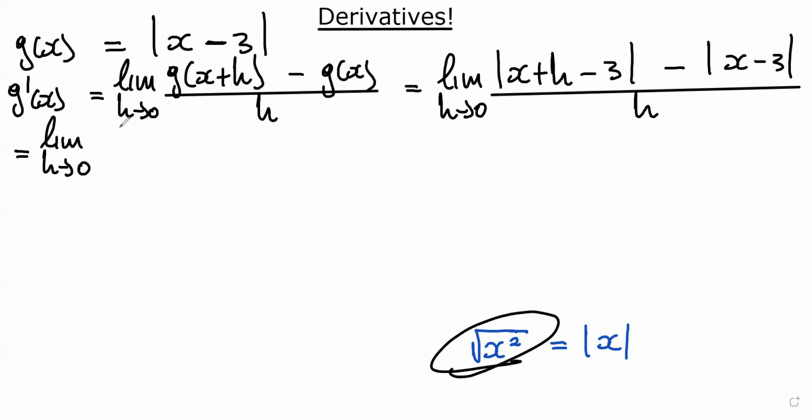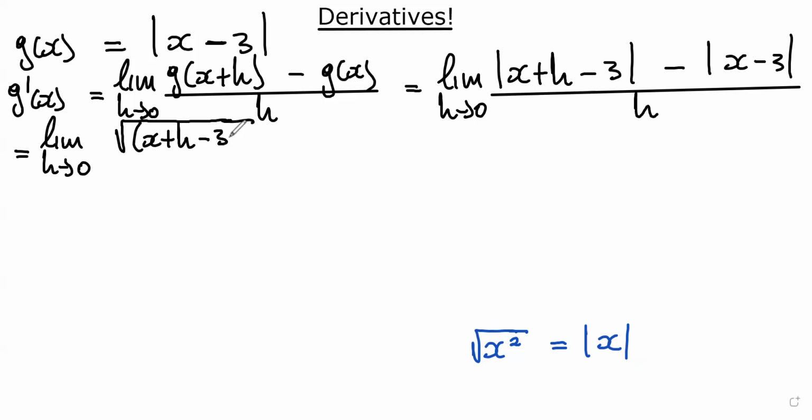So in other words, for the first term in the numerator, we actually see the square root of x plus h minus 3, all squared. So in the place of x, we put x plus h minus 3. Then we come back to the next one and say in the place of absolute x minus 3, we put the square root of x minus 3 all squared as well.